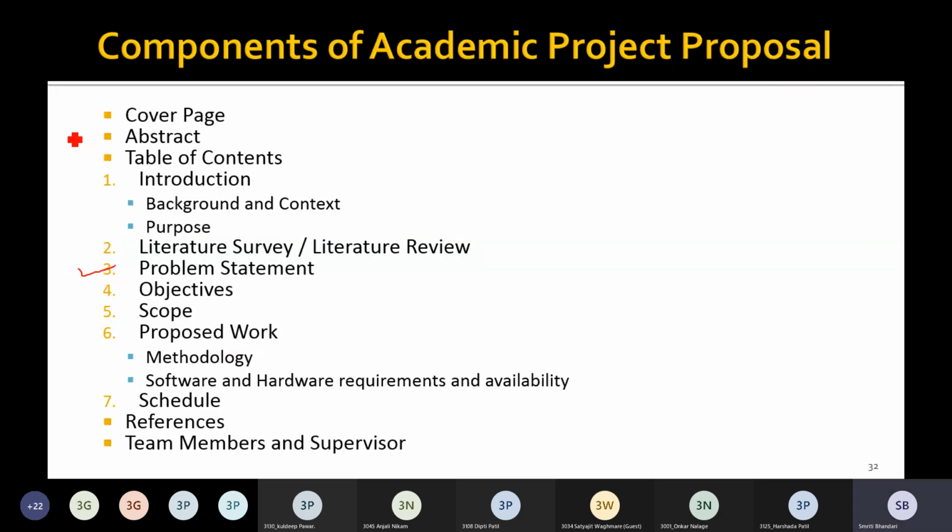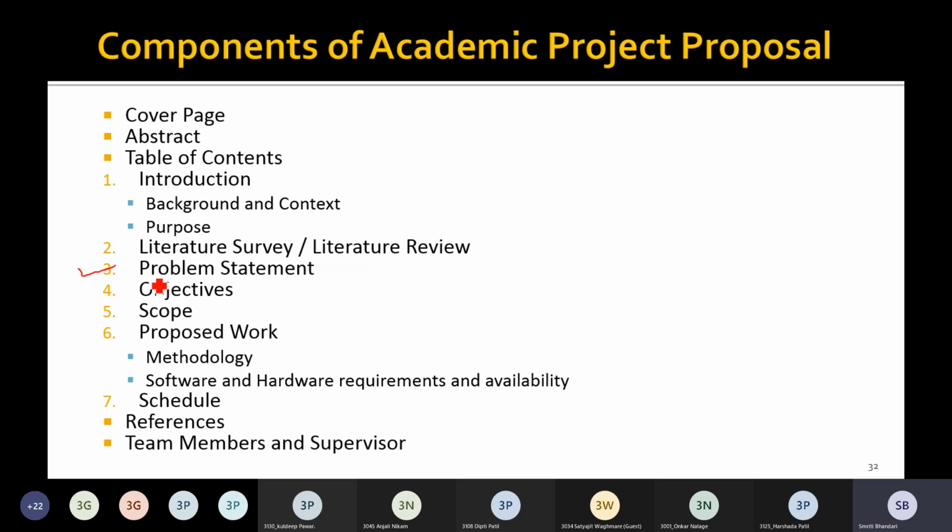So we have seen what needs to be included in cover page, what is abstract, what is table of contents, what needs to be written under introduction, how to carry out literature survey, and how to write it actually.